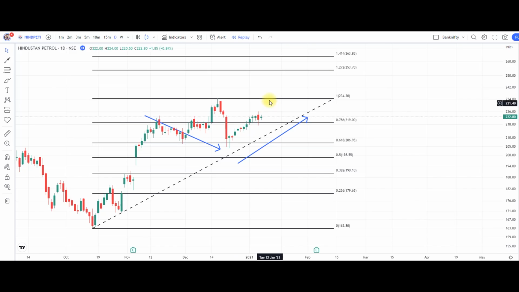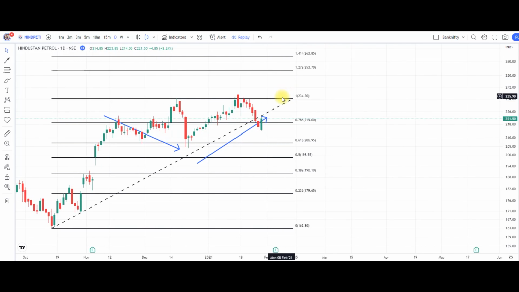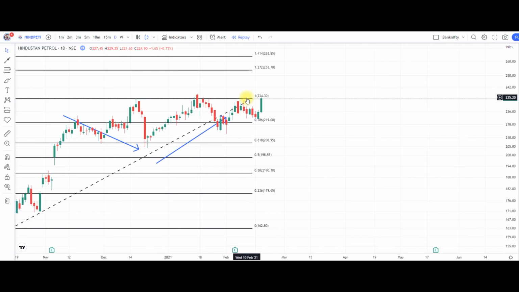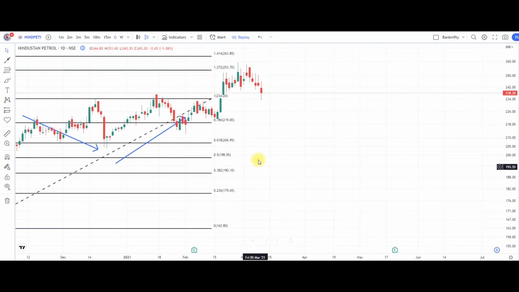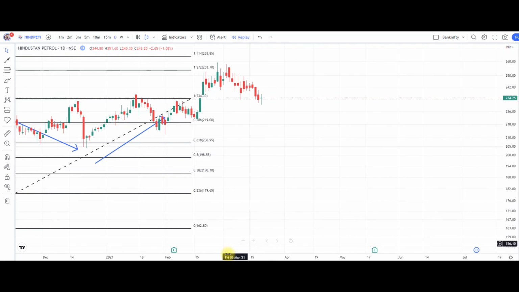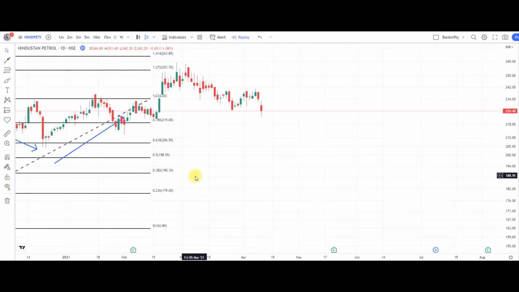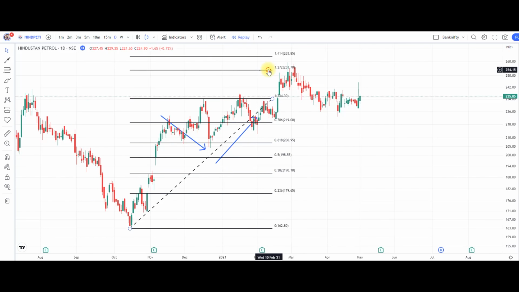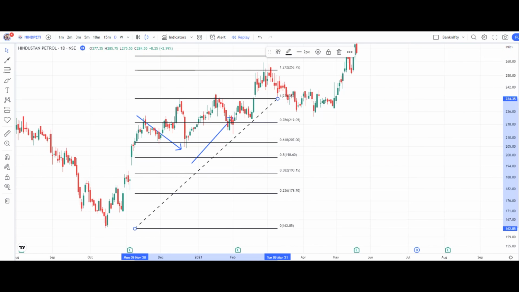So the price is moving continuously up. So we will see whether our first target is achieved or not. Here our first target got achieved. Our second target also achieved.